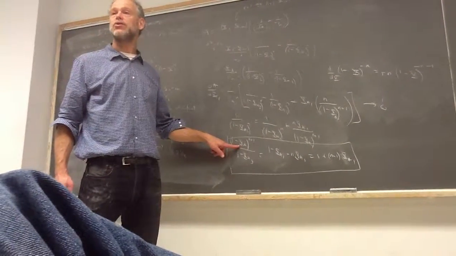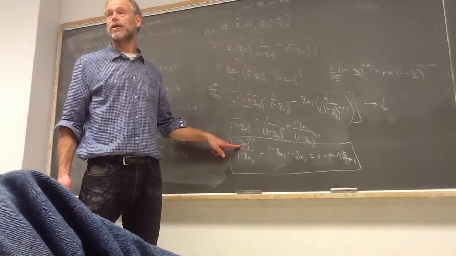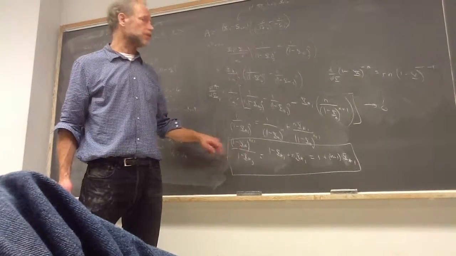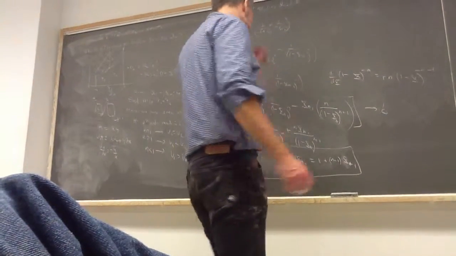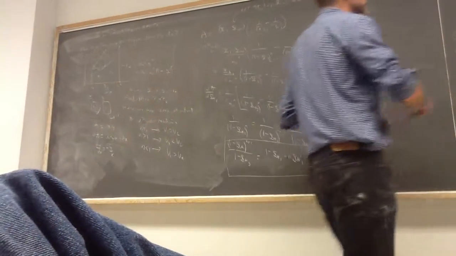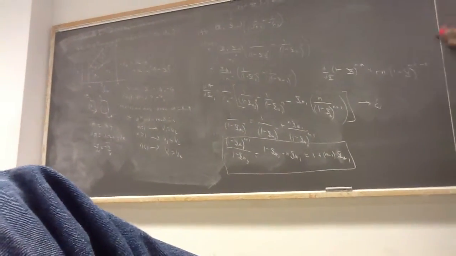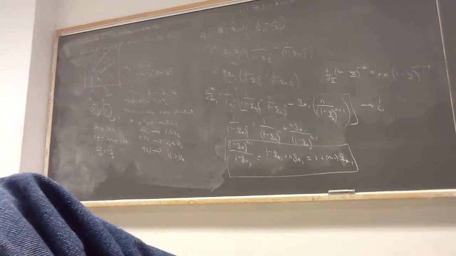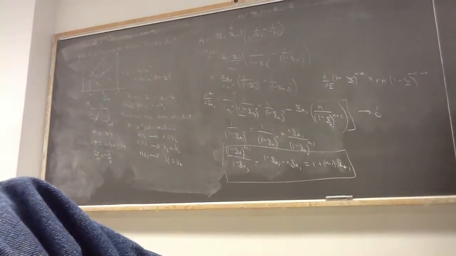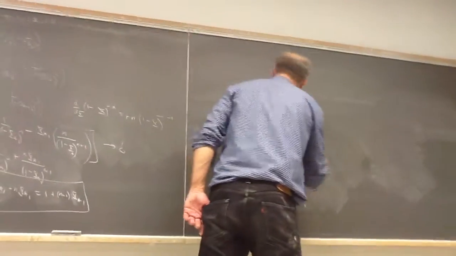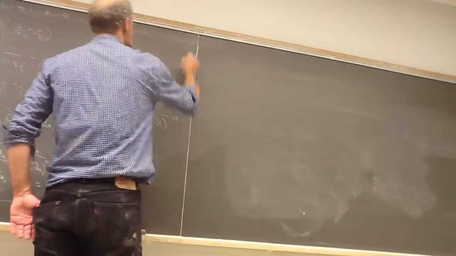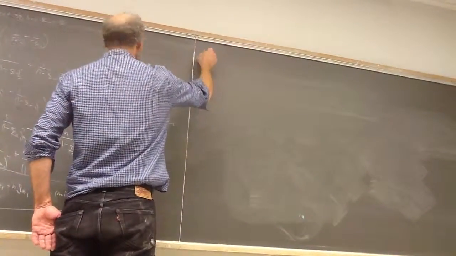Now if n is equal to 1, a first order reaction, I just get a quadratic, which I can solve. So why don't we just solve the quadratic equation? Let's look at n is equal to 1. For n is equal to 1, I have a quadratic.